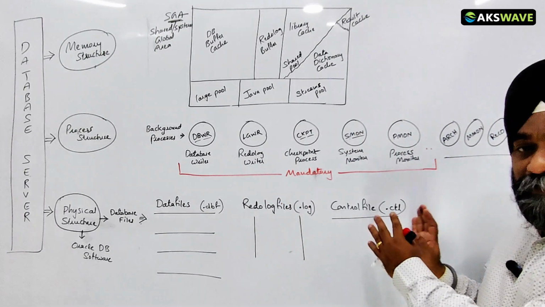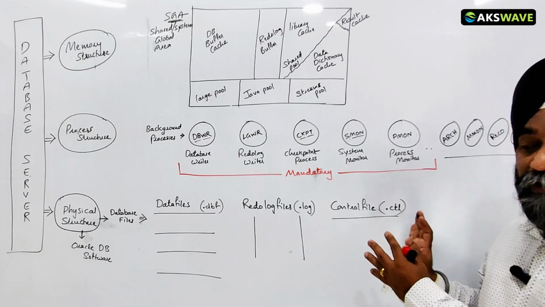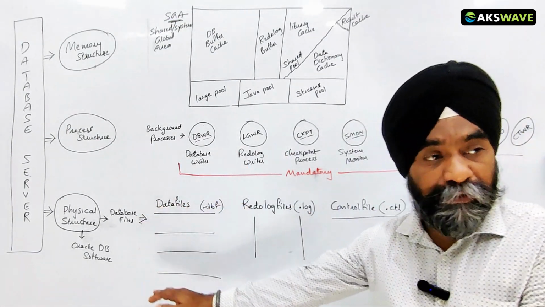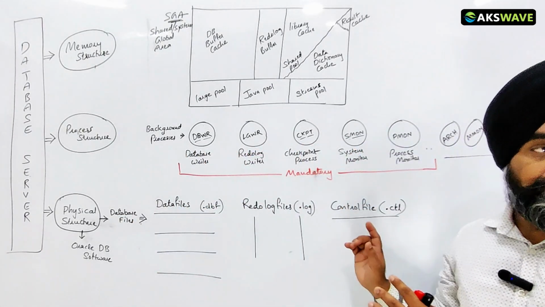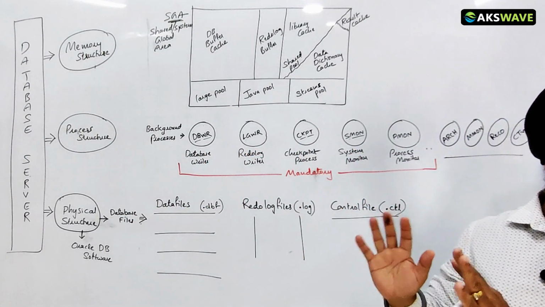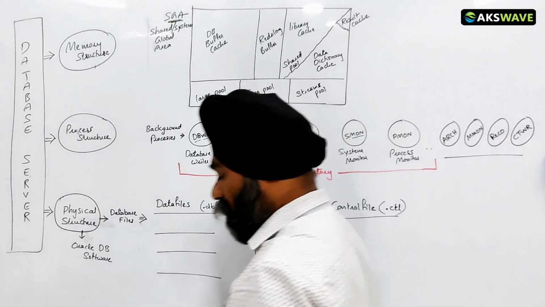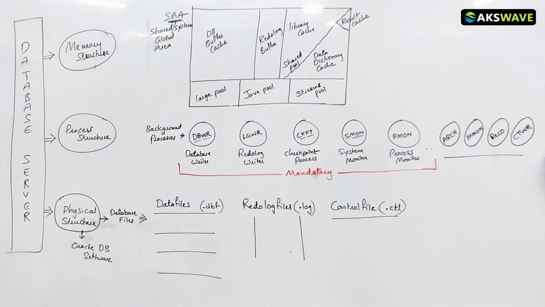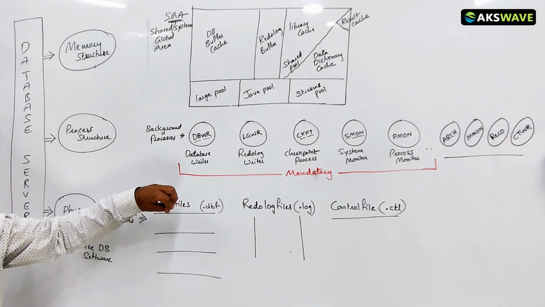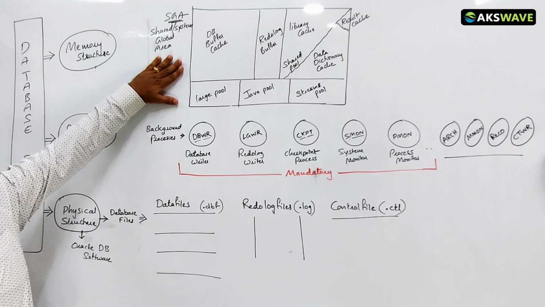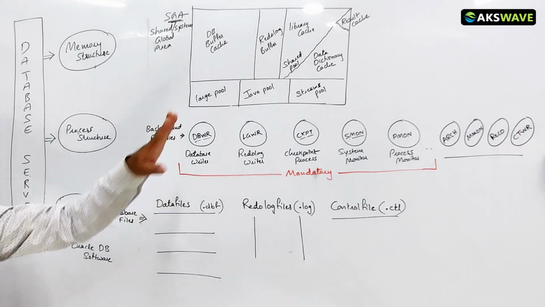The control file is another type of file, a really important file which controls and maintains the consistency among all the files. This is very important. Those are the three sets of files. When you want to work with your database, memory allocation should be done and background processes should be created, correct?